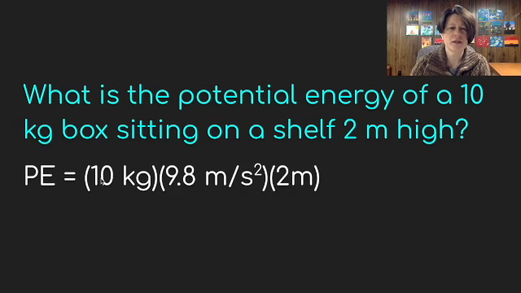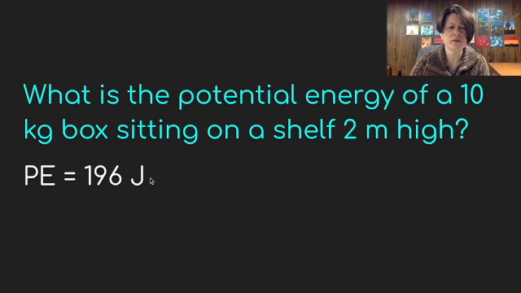Then we substitute in our numbers. The mass is 10 kilograms, acceleration due to gravity, 9.8 meters per second squared, and the height is 2 meters. And when we multiply all of those numbers together, we get 196 joules because remember, energy, the unit for that is joules, the same as work.